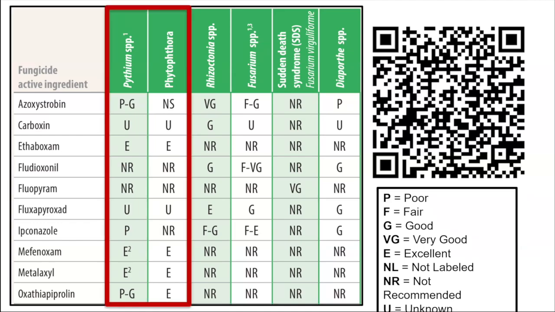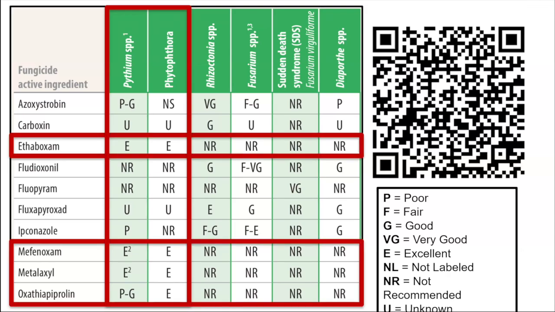So thinking about these two oomycetes or water molds, Pythium and Phytophthora, we'll see these 4 products: ethaboxam, mefenoxam, metalaxyl, and oxathiapiprolin. Now these products have excellent activity, for most cases, against these oomycetes, but they do not have recommended application for the fungi because these are products specifically designed for control of the water molds and not fungi.